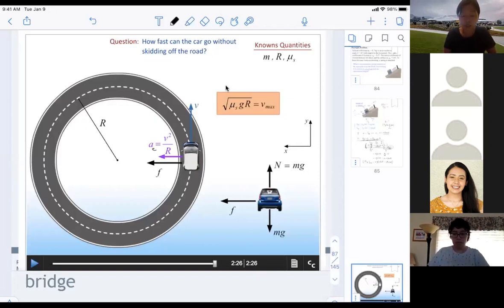So where does this force come from? If we were to draw the free body diagram of the car, I know that two of them are obvious. We have gravity of the car, we have normal force of the car, and these two balance out. That's no doubt because the car is not going up and down, right? There's no acceleration in the vertical direction. But what about any force in the horizontal direction? That one may not be too straightforward.